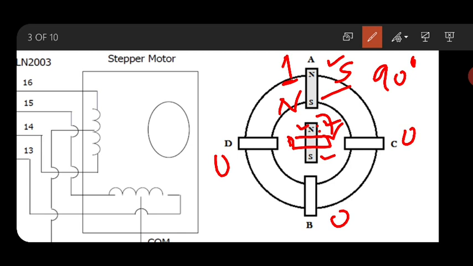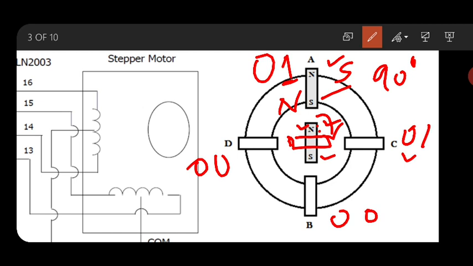At A. Now if I apply a signal at C, I apply 1 here and 0, 0, 0 for the others. Which coil will be energized here? C coil. Your rotor is in the horizontal direction.